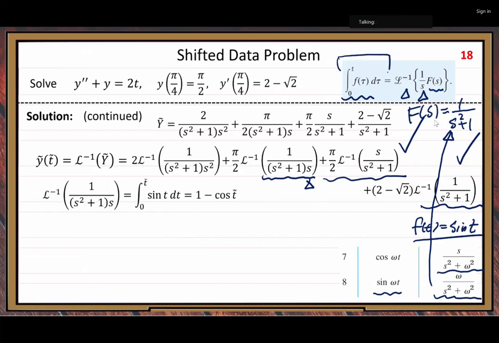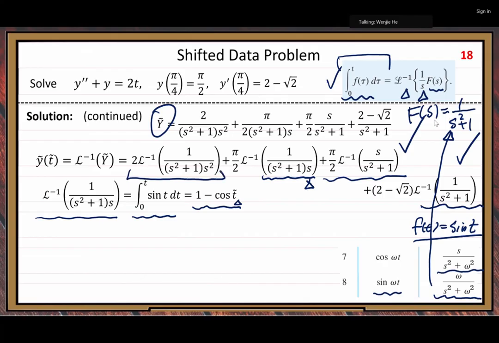So here you can see the inverse Laplace transform by this integral formula. We just do the integral on sine of t. And it is this. Because here it is y tilde, so we still use the little t tilde, corresponding to y tilde.